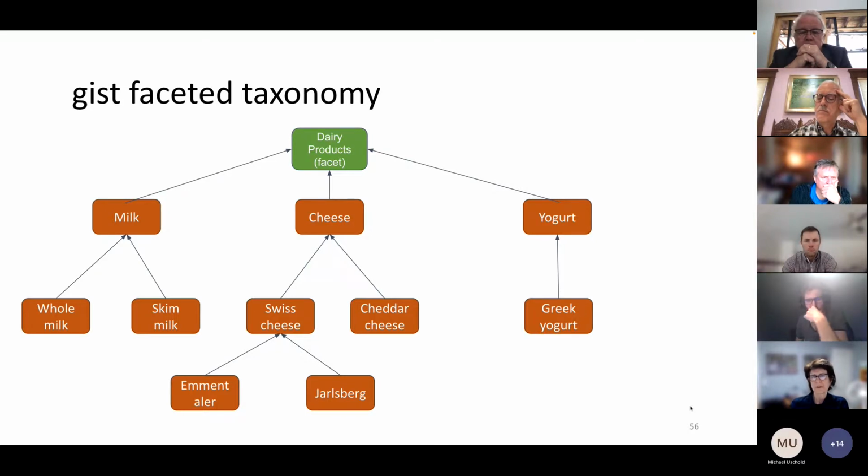So with these drill-down things, dairy products would be a facet, and then you can drill down to the different facets to select for search. I don't think structurally this is any different from an ordinary taxonomy, but it's just a particular use of the taxonomy.